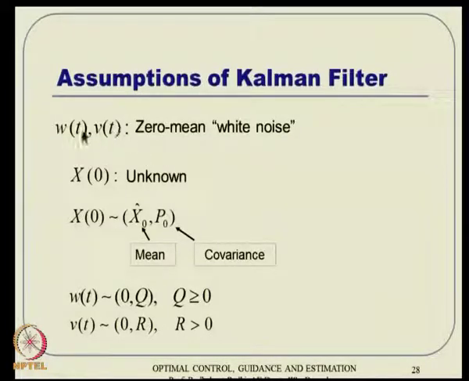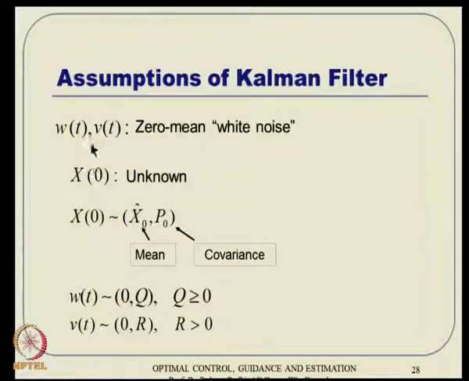So, the assumption is these noises are zero mean white noise. Now, it should make sense what white noise is. The autocorrelation function turns out to be a Dirac delta function. And x of 0 is unknown.